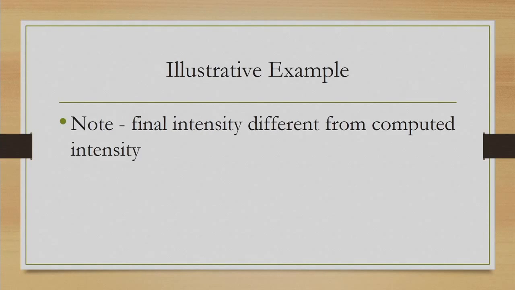Here you may note that the final intensity value that we represented and stored in the frame buffer is different from the actual value computed using the light model because of the mapping. So, there will always be some error.